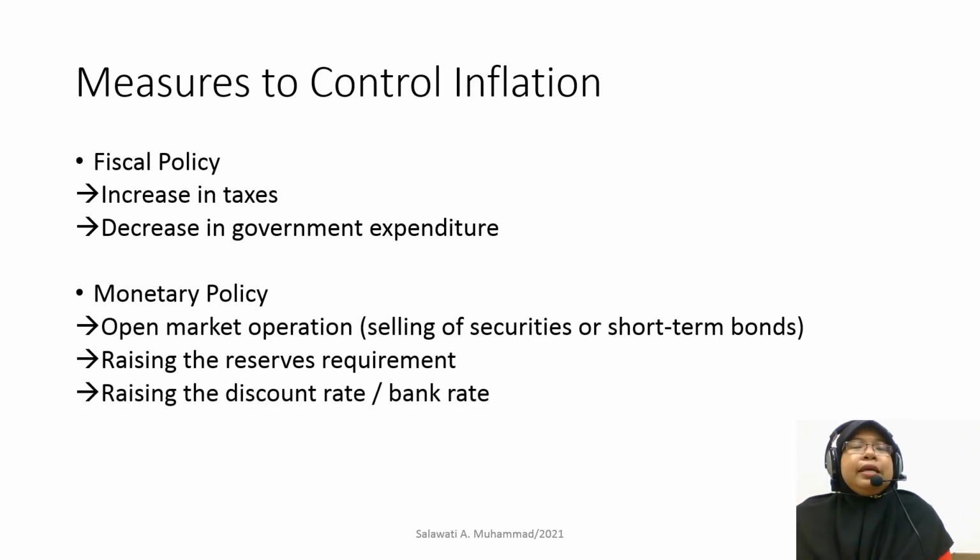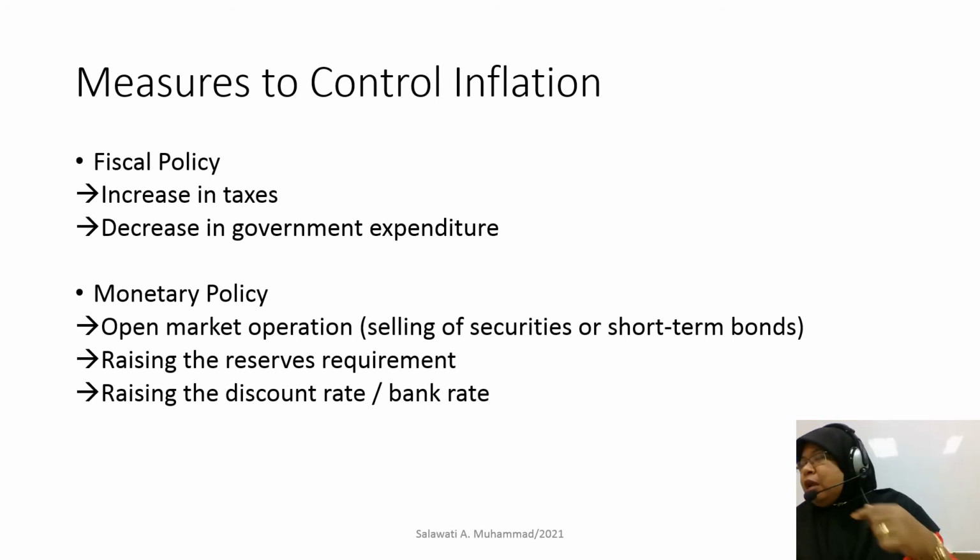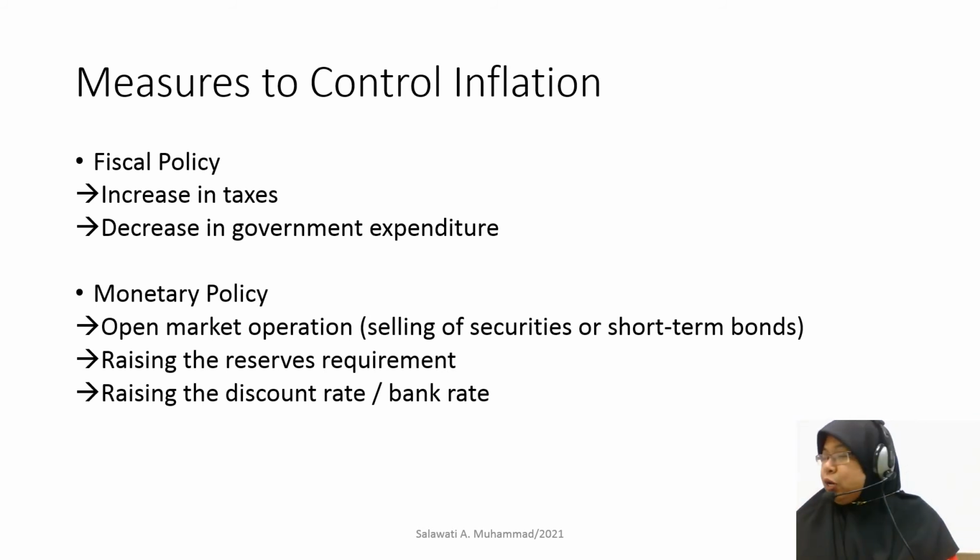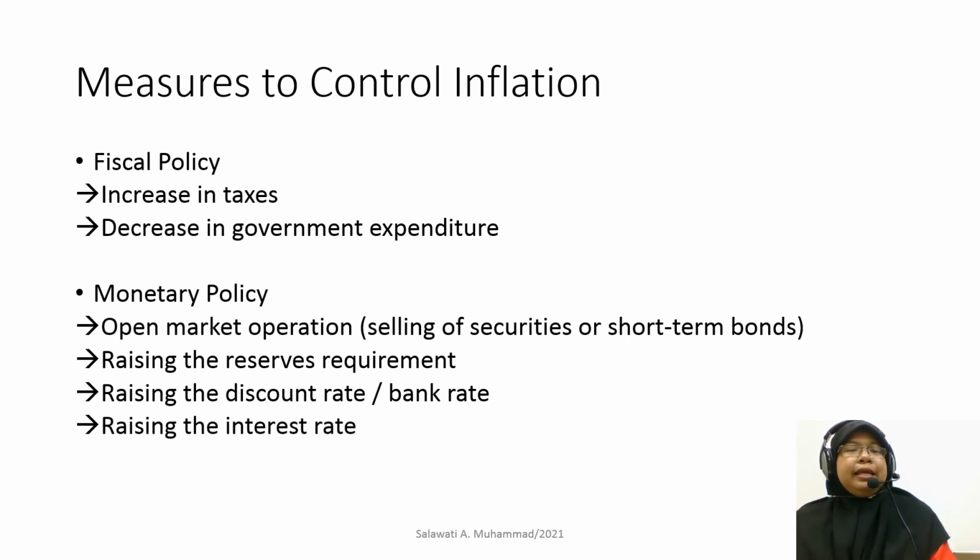Next, raising the discount rate or bank rate. A rise in the discount rate or bank rate also raises the price of borrowing funds from banks for the business community, and this forces the banking system to re-examine its lending policy. Next is raising the interest rate.